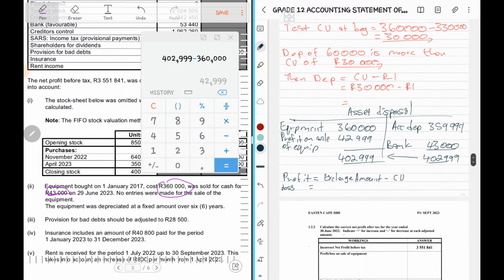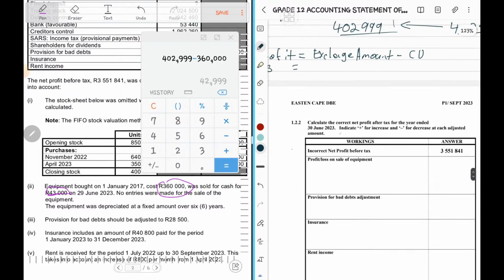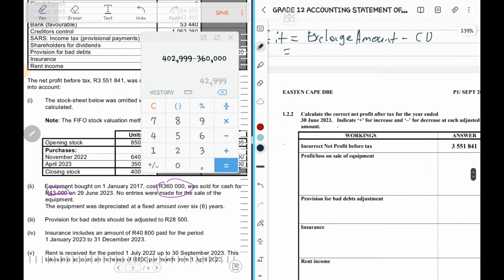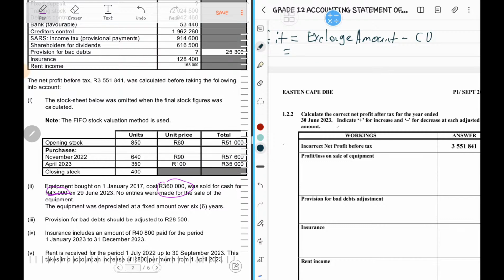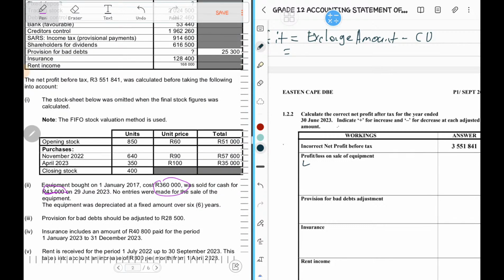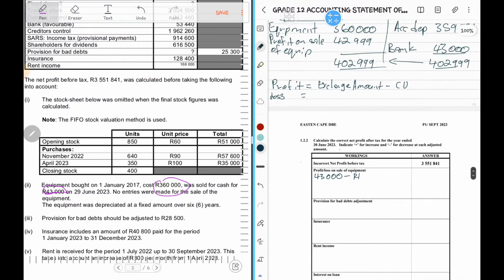So let's come here. When we calculate here, we are just going to take the exchange amount, which is 43,000, and then subtract the 1 rand. That will give us 42,999.